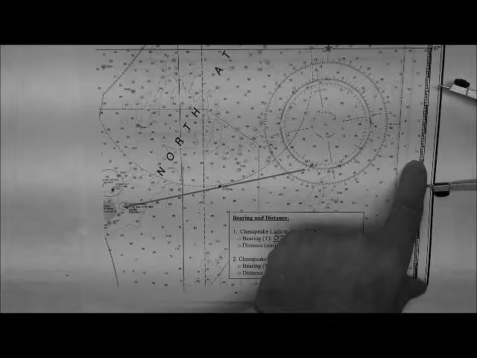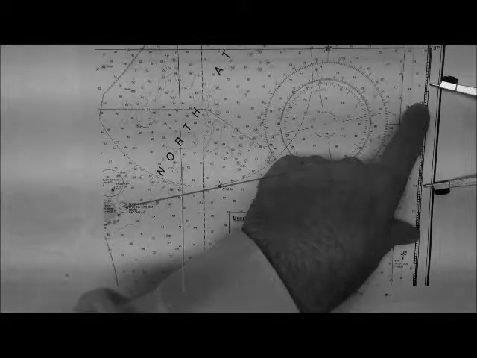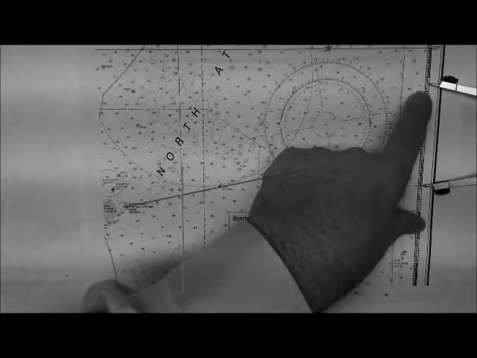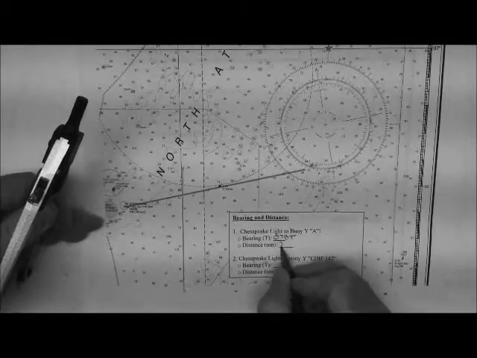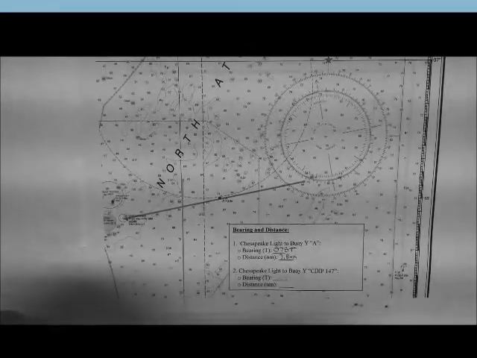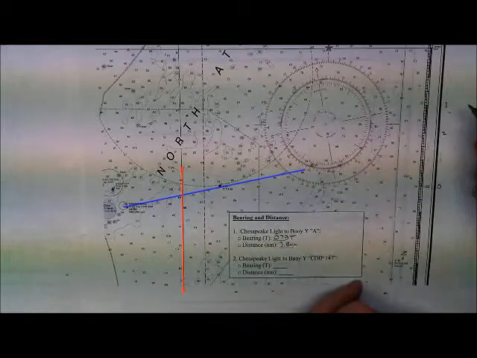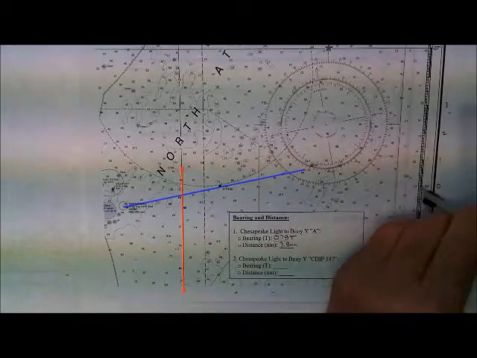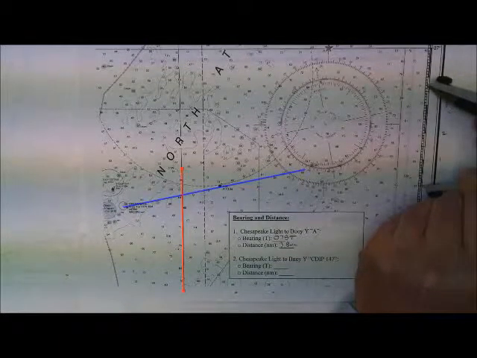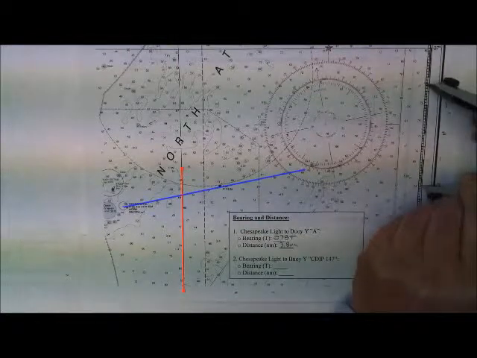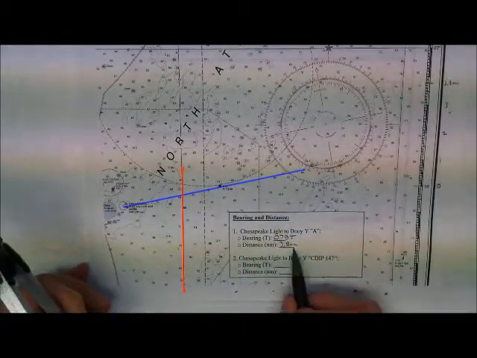So here's 1 minute of latitude, which is 1 nautical mile, 2 nautical miles, 3 nautical miles, 3.5, 3.6, 3.7, 3.8. So 3.8 nautical miles.